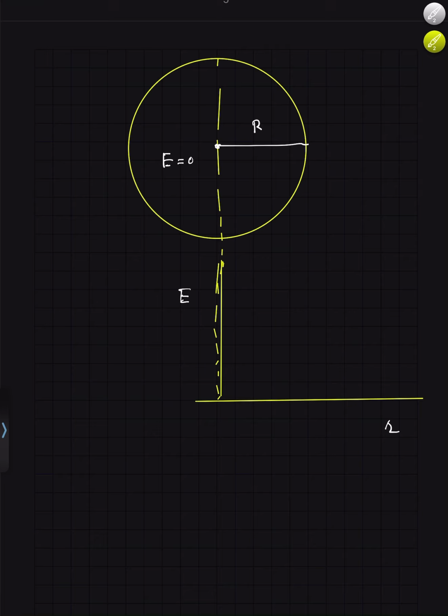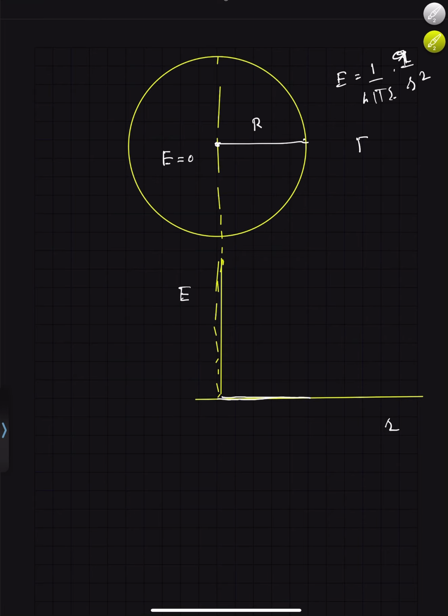So your plot looks like this. Just outside the surface, your electric field E is equal to 1 upon 4 pi epsilon naught times Q by r square, and Q is your capital Q, so it is decreasing as 1 by r square.